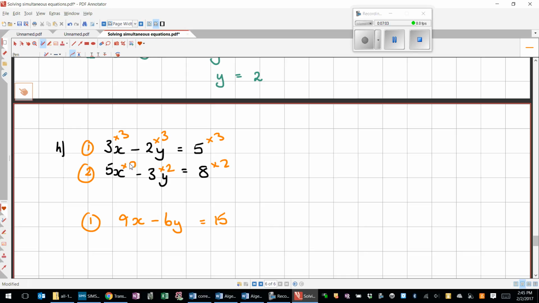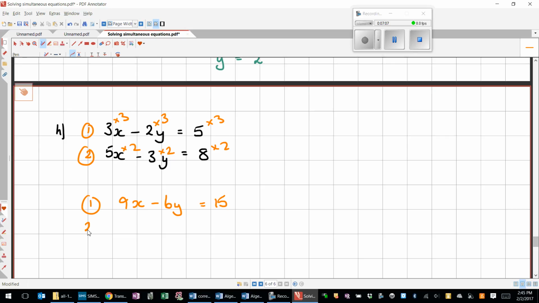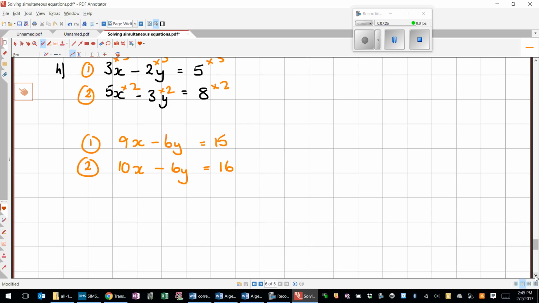Which then becomes 10x minus 6y equals 16. So what do we do now?